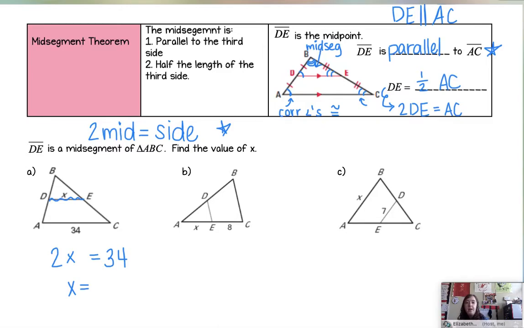So if you want to think about it as half the length of 34 is blank, or you can plug in X for the midsegment and 34 for that side. Either way, when we solve, what do we end up with for X? Very good. Yeah, 17. Beautiful.